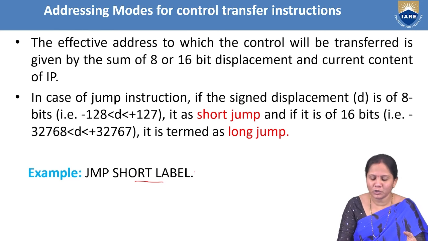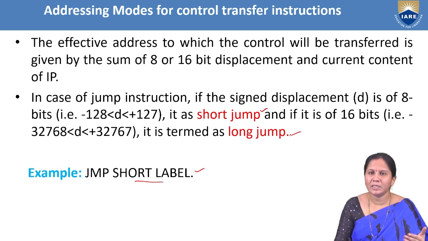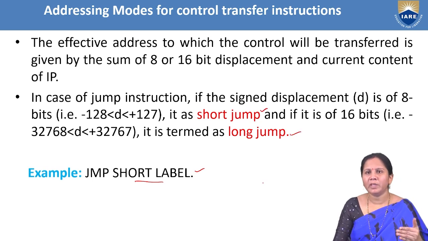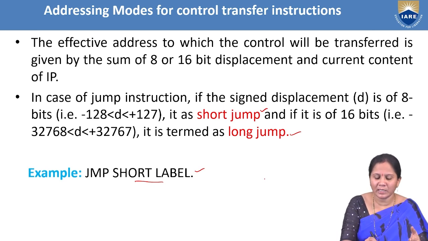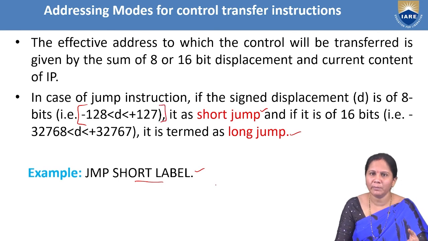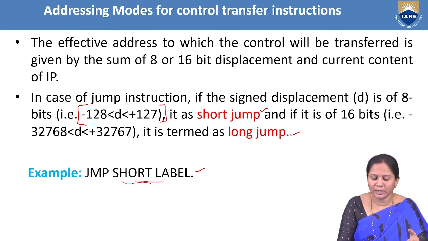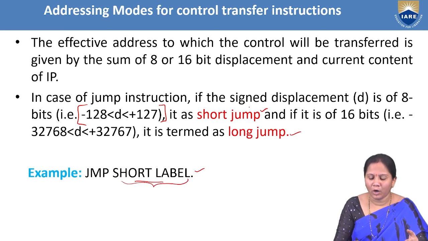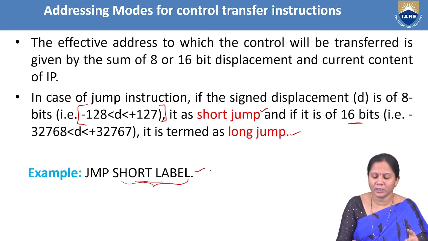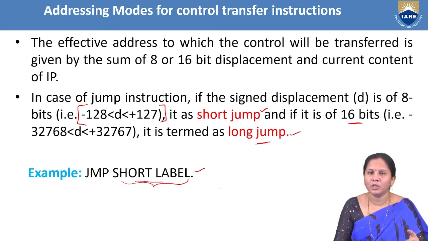In the place of this short label, we can have a short jump or long jump within the segment. Suppose the control transfer is within the segment and in the range between -128 to +127, in this label you can have a short jump. Or if the displacement is of 16-bit, you can have a long jump.